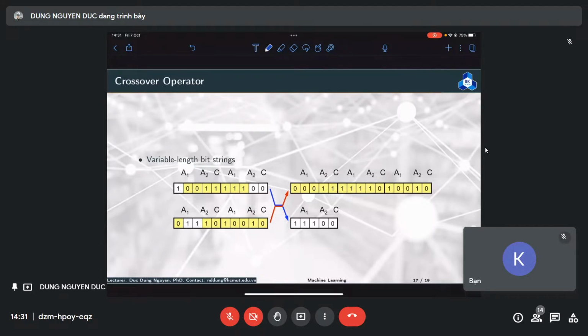At the same time, sometimes this is not really meaningful for us, even though you may say that it can bring some sort of swapping of decision rules between two solutions. But yeah, it's kind of random.